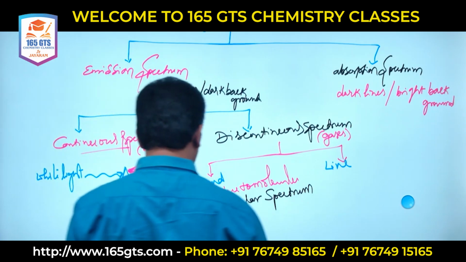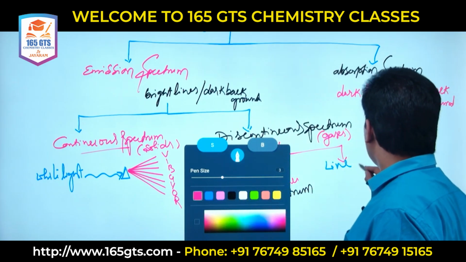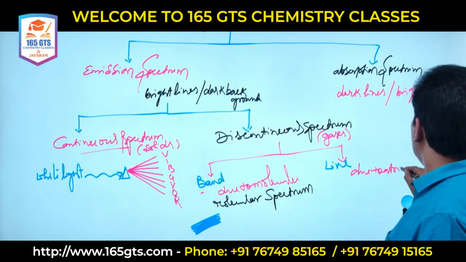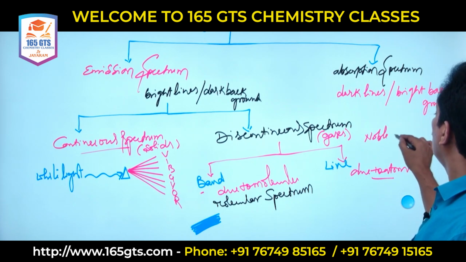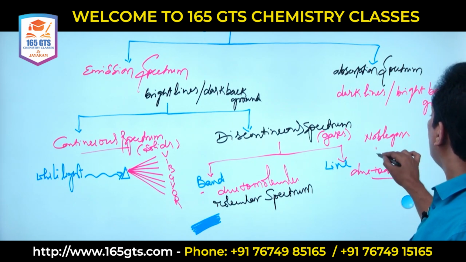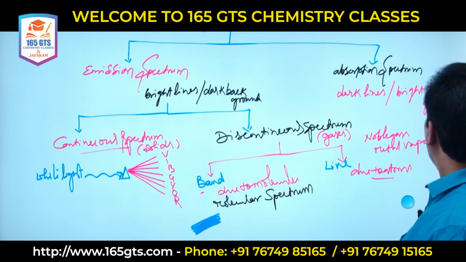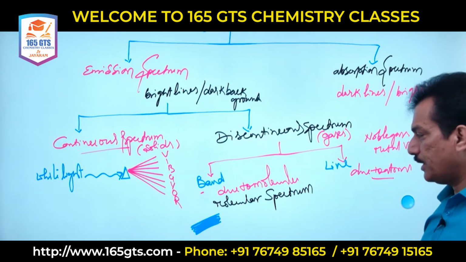And now coming to the line spectrum, it is due to atoms. These may be from noble gases, because noble gases are monoatomic gases, or metal vapors. All these are atomic states, and all these will create the line spectrum.